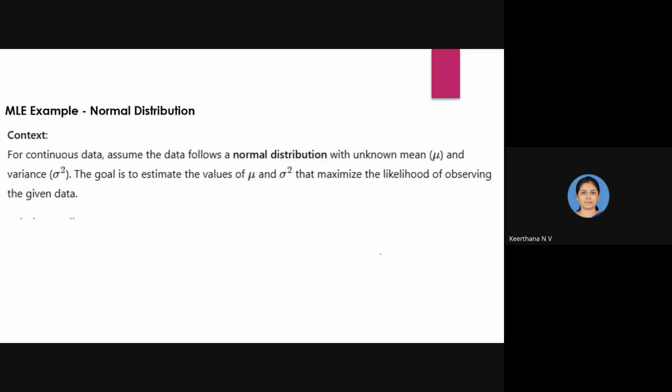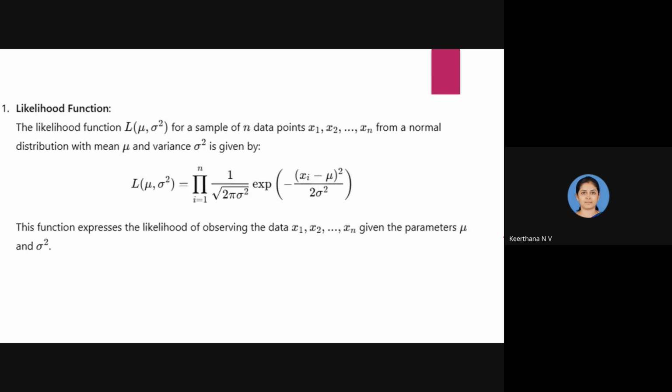In the case of the normal distribution, you have to estimate two values to maximize the likelihood of observing the data. The same steps: first I set up my likelihood function. For a sample of n data points, it can be written like this.